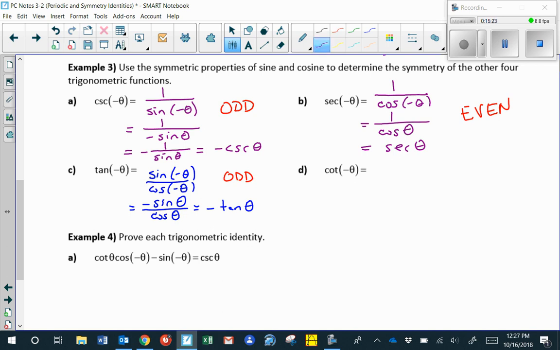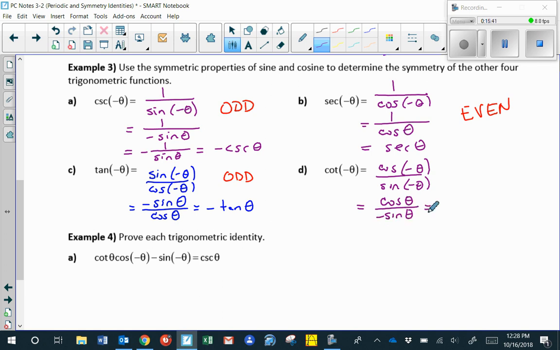For the cotangent function, cotangent of the opposite of theta is equal to cosine of the opposite of theta over sine of the opposite of theta, which is cosine of theta over the opposite of the sine of theta.